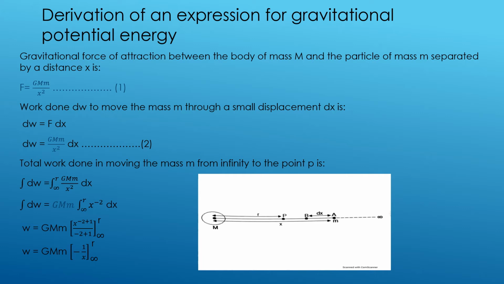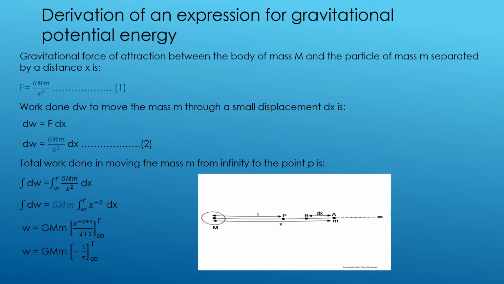Next we will integrate that x raised to minus 2. So W is equal to the constant terms capital G capital M small m in the brackets of x raised to minus 2 plus 1 whole divided by minus 2 plus 1, with the limits.